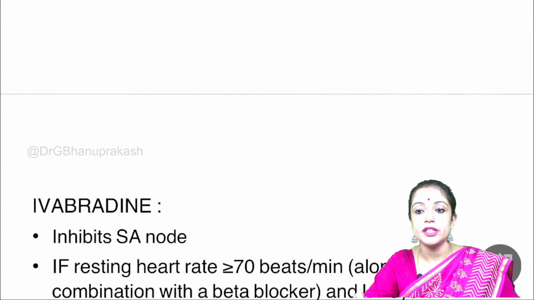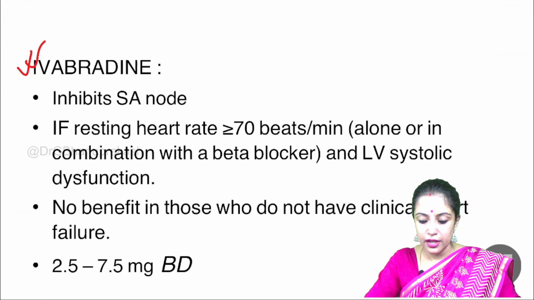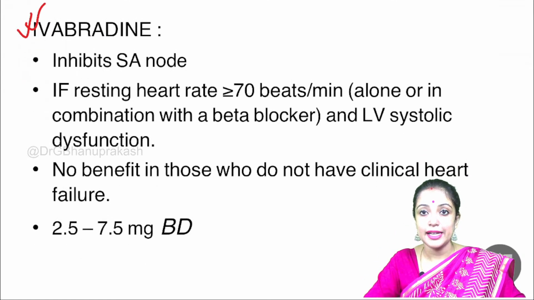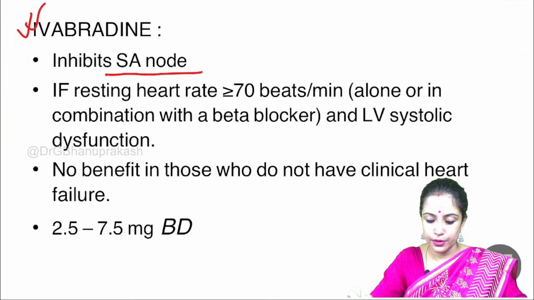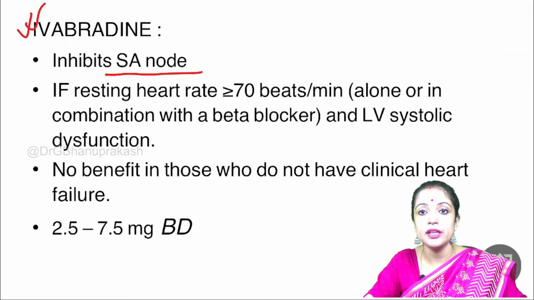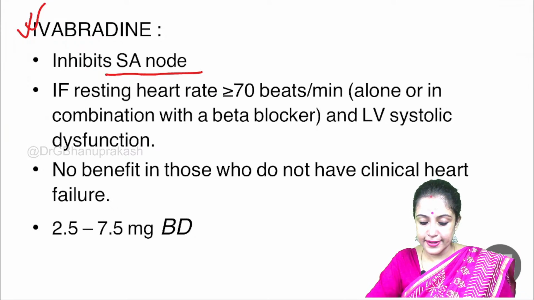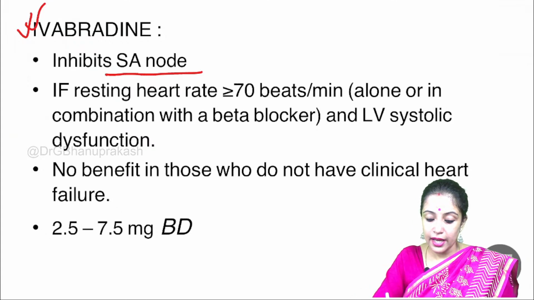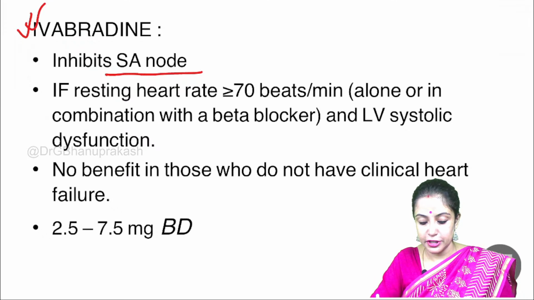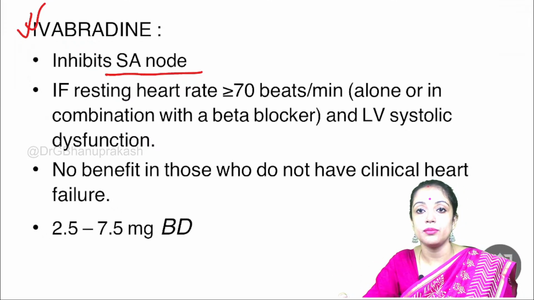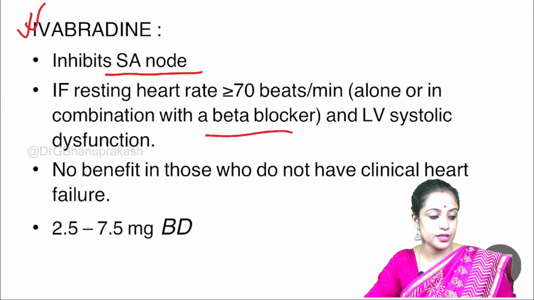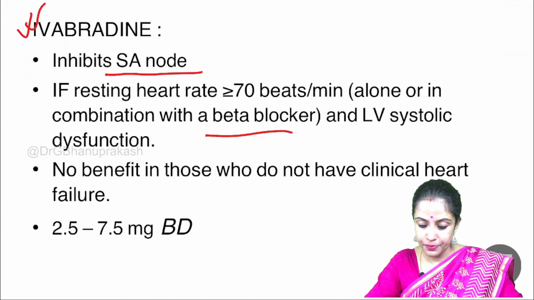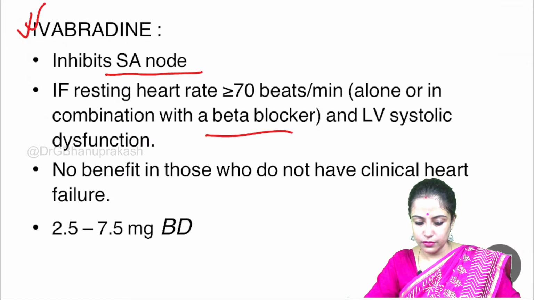Ivabradine is again one of the important anti-anginal drugs. It inhibits the SA node. But it has to be used if the patient's resting heart rate is 70 or more even after using a beta blocker. We need to use a beta blocker first, and if the resting heart rate remains more than 70, then we need to use Ivabradine.